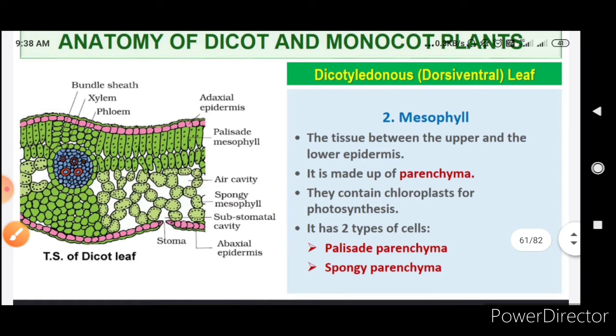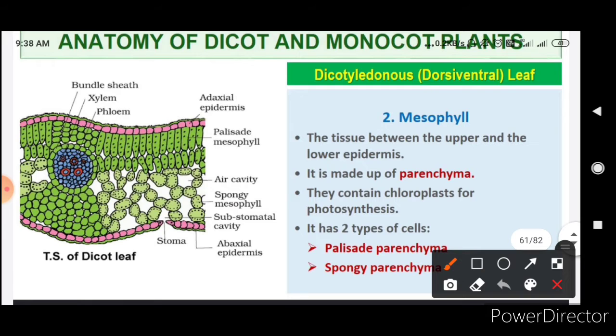So the mesophyll in the dicot leaf is the tissue which is present between the upper and the lower epidermis. In a dicot leaf, this is the adaxial axis and this is the abaxial axis, and all the cells present in between are the mesophyll.